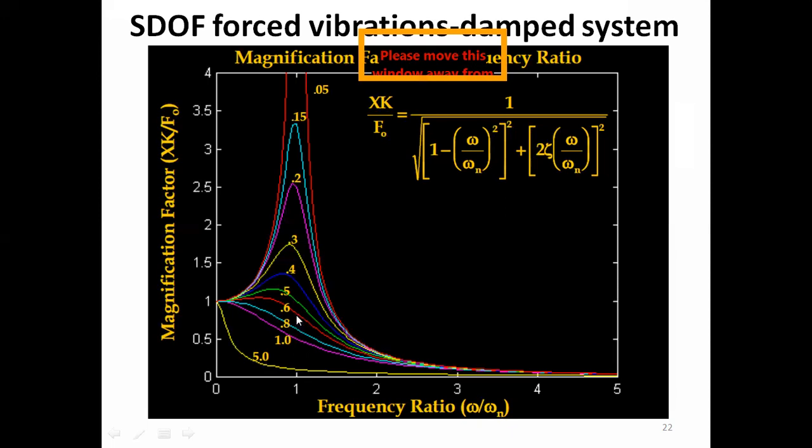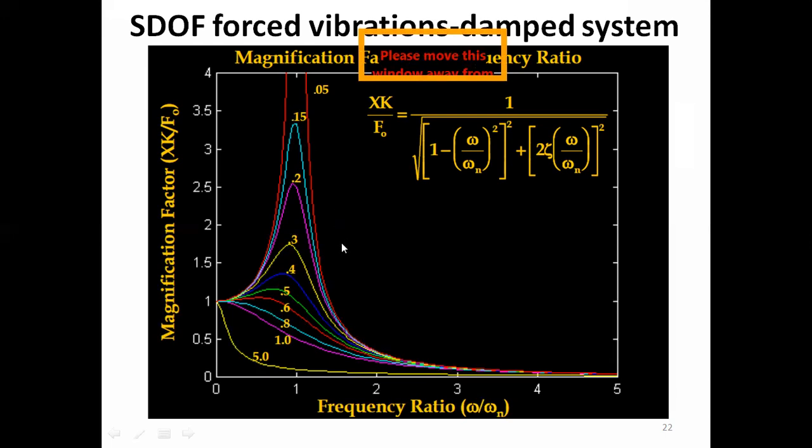It means that at this instant, the frequency of excitation matches the natural frequency. And you could see that at this instant, when the frequency of excitation is matching the natural frequency of the system, we see a higher value of magnification for the underdamped system.